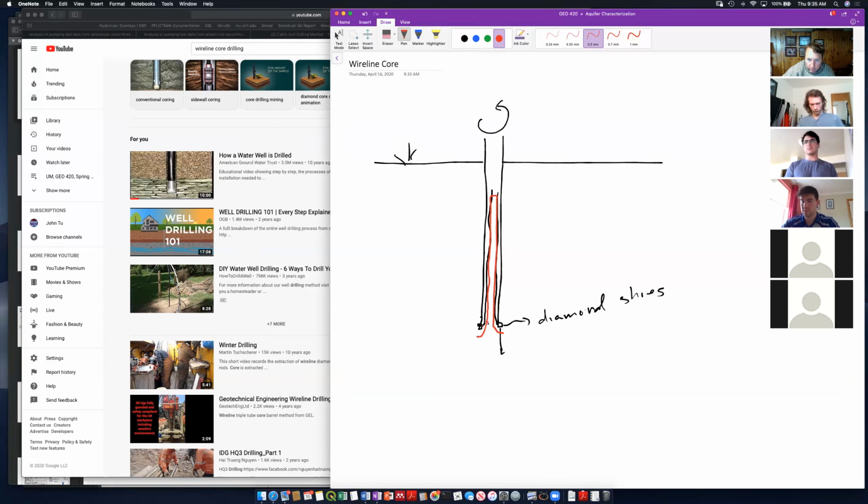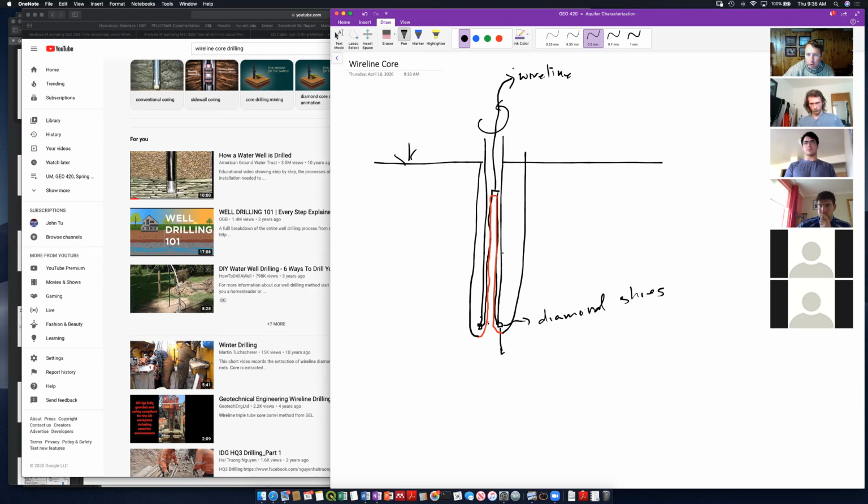All right, and then on the downside, you know, we're still cutting here. So here's the outside of our hole. And now this core tube is hooked up to the surface via a wire line.